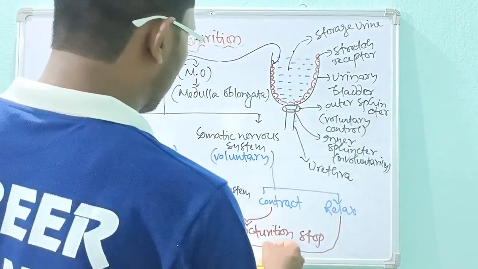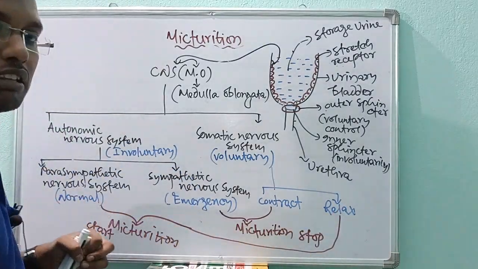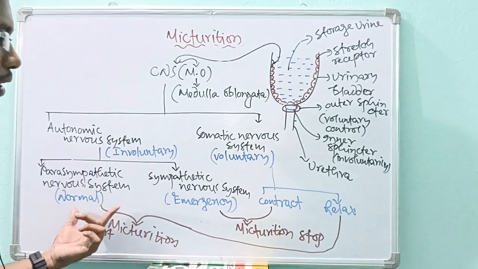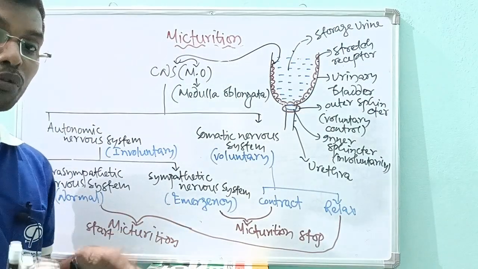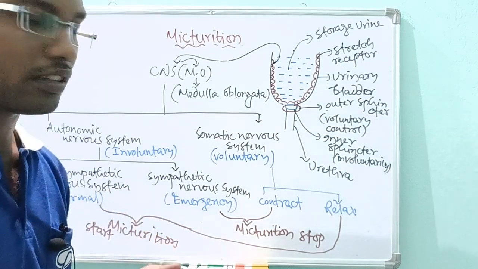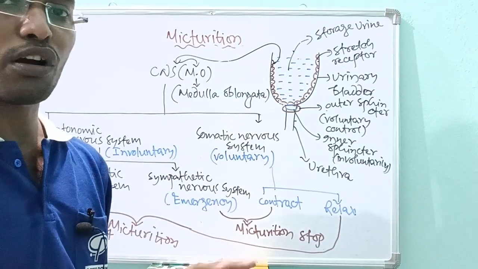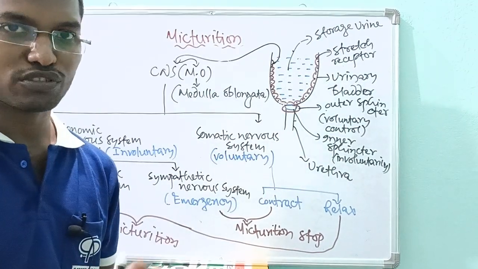So at that time the outer sphincter should be in the relaxed mode and the parasympathetic nervous system is activated. Because of the combination of the two mechanisms, the process of micturition will be started. So I think the whole process of micturition will be understood. So thank you.